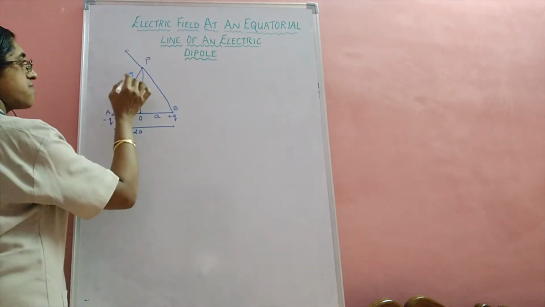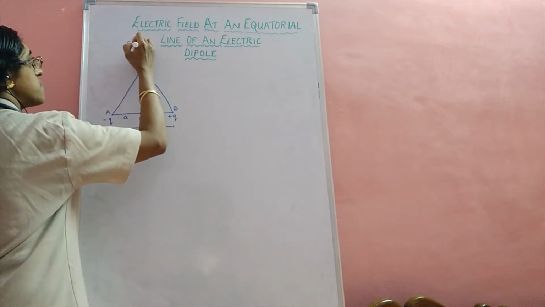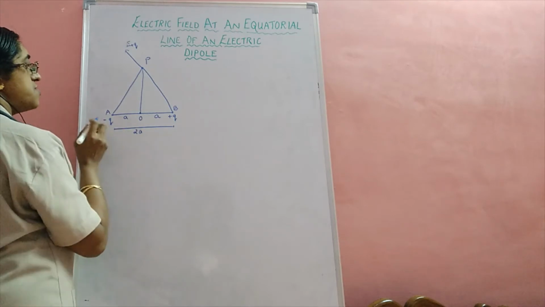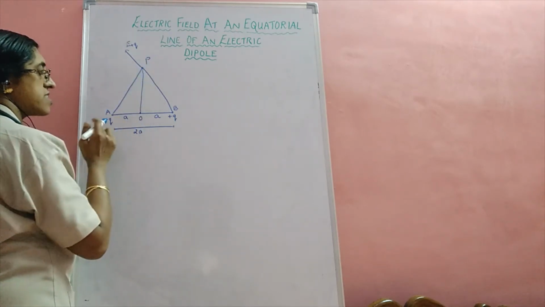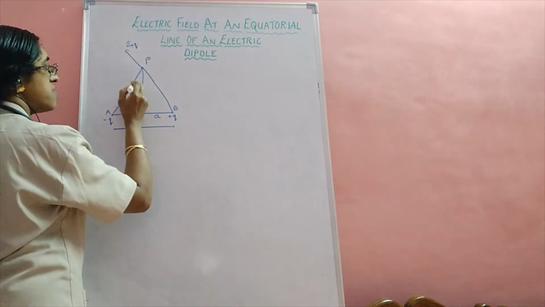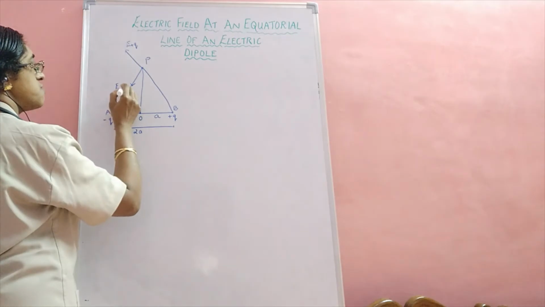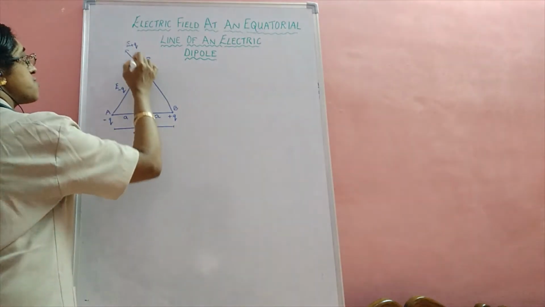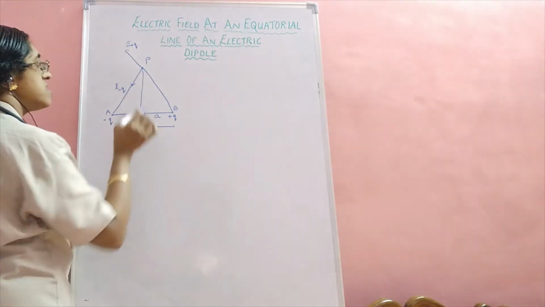This is the electric field due to the positive charge. Now, the electric field due to the negative charge at the point P: there would be an attractive force, hence the electric field would lie along this direction. That is E due to minus Q. These two fields make a certain angle with each other.